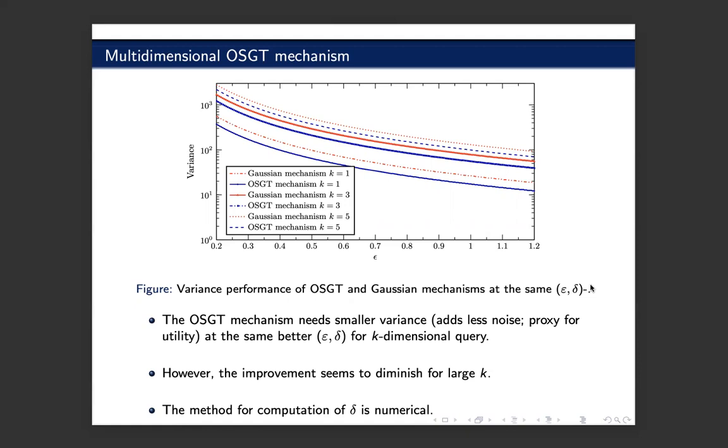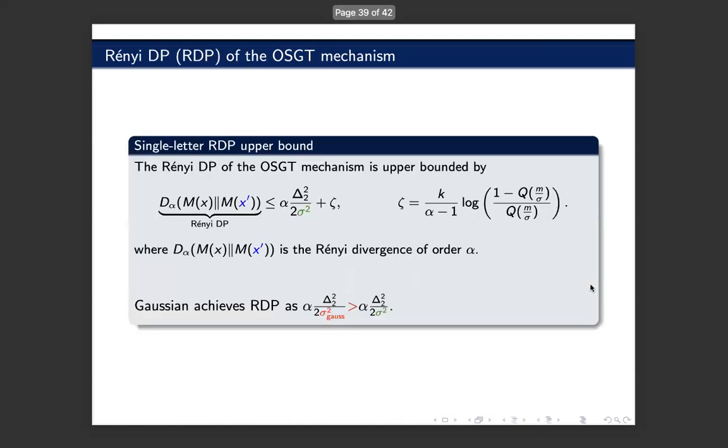The good thing about OSGT is that if you have multiple dimensions, it's easy to go to Gaussian, since it's based on Gaussian. You can change M to be almost Gaussian. If you have really high dimensions, choose Gaussian. We are not trying to sell it for every possible situation, but there are many situations where this might be useful. There are lots of nuances, as I said, about delta.